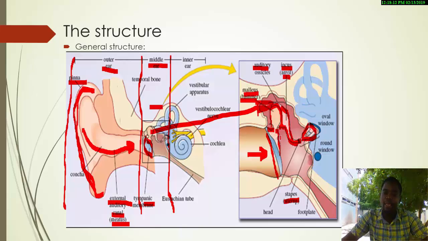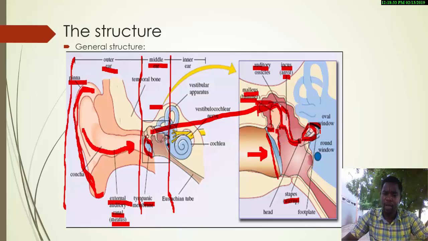and causes this to vibrate. And the vibration is amplified in these sections, increased to almost 20 times more than it was before. And the vibrations altogether are transmitted by the stapes into this opening here we call the oval window.